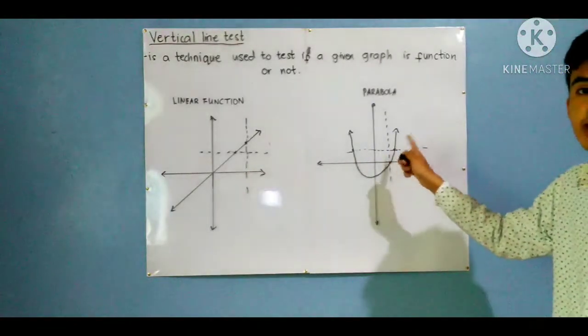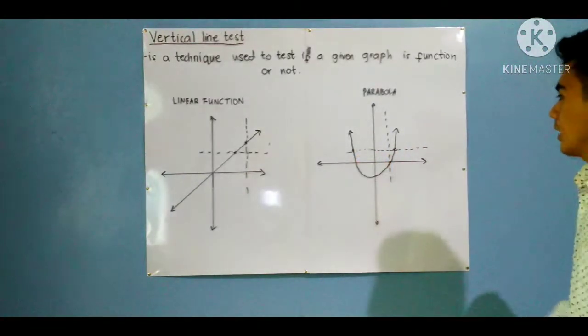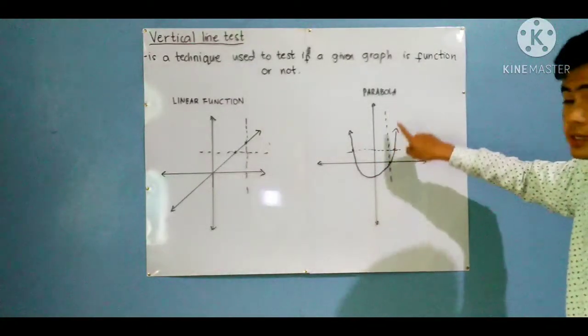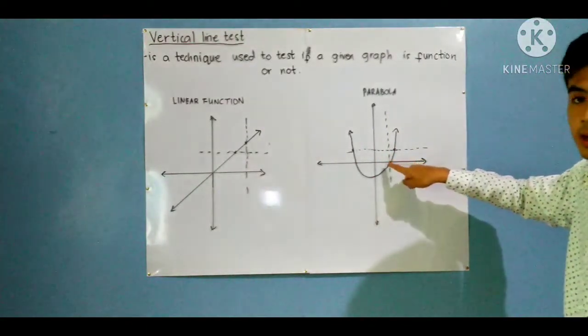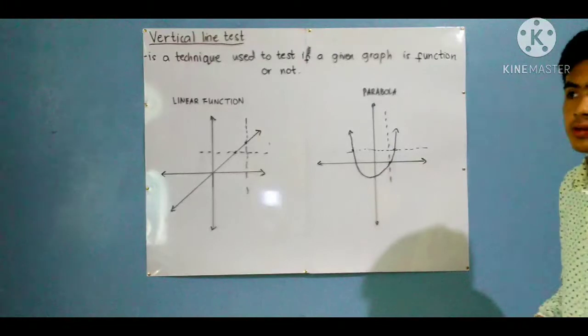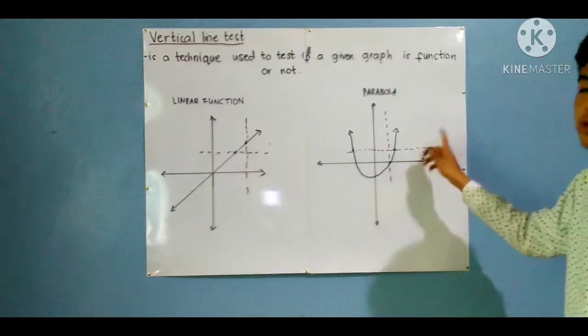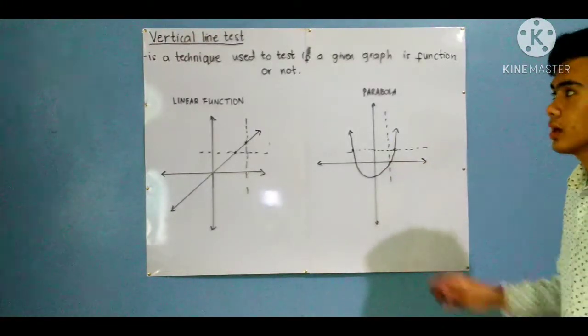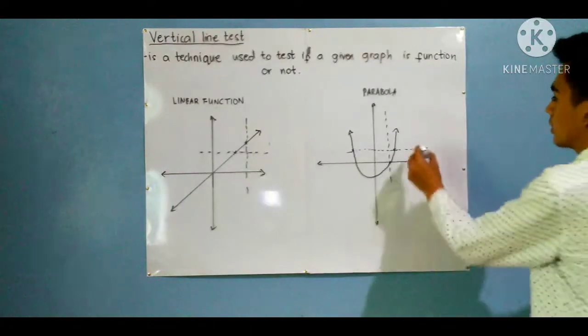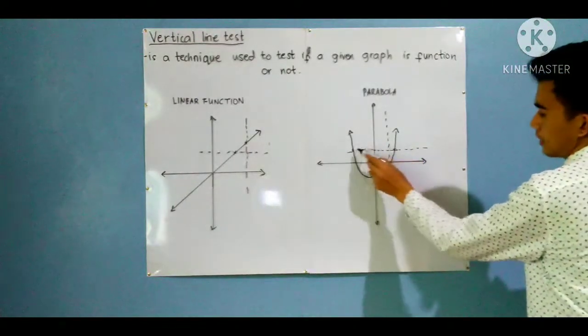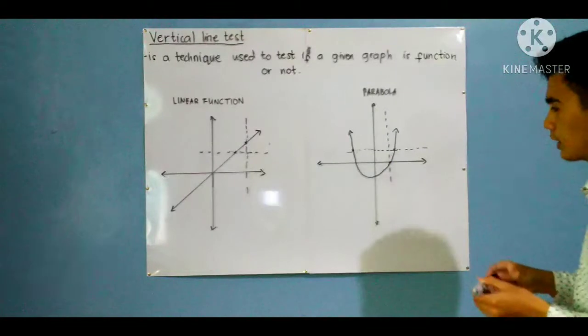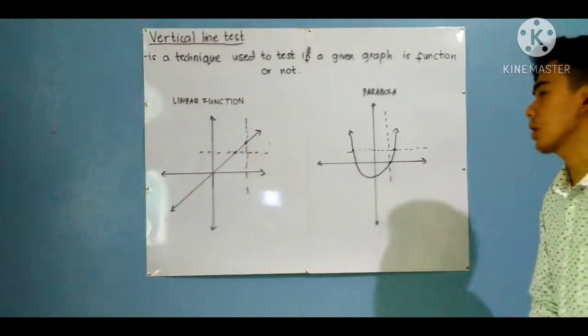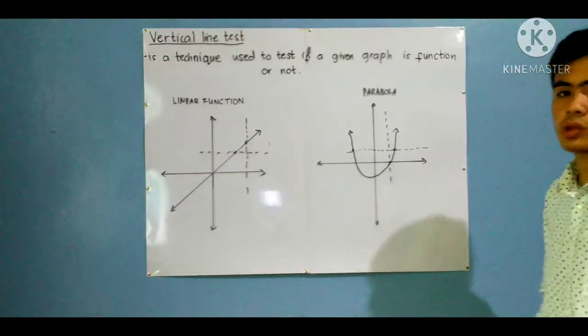Kaya nung ginamit natin yung horizontal line test. So sa vertical line test is nag-satisfy siya. One point yung dinaanan. So kaya tinawag siyang function. Pero sa horizontal test is ginamit natin yung horizontal test, then dalawa yung dinaanan niya na point, kaya hindi siya tinawag na one-to-one function.